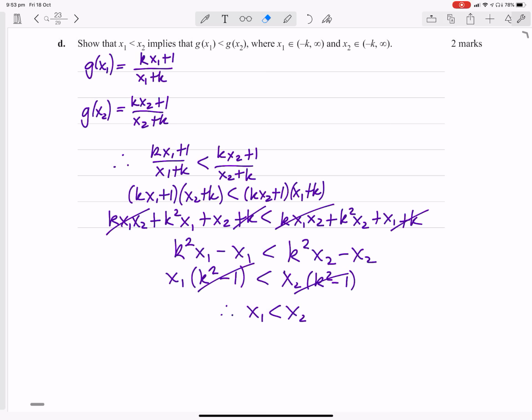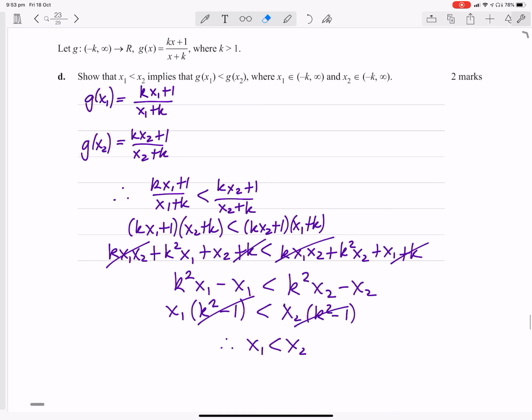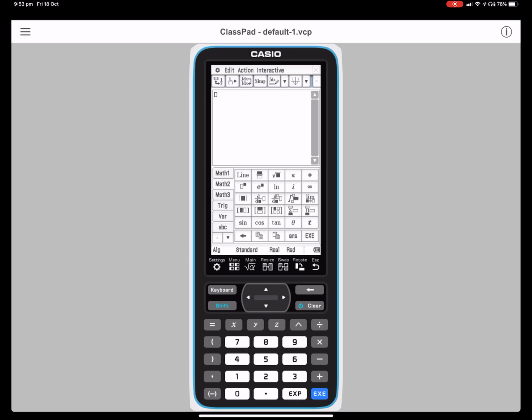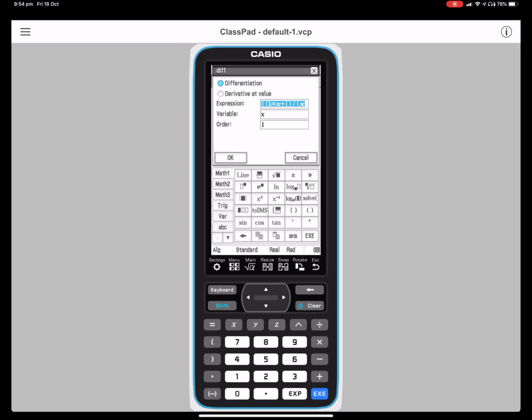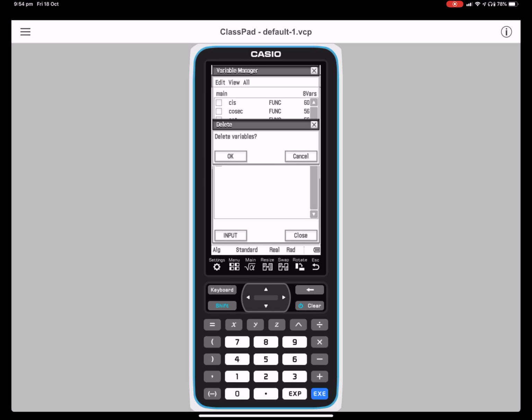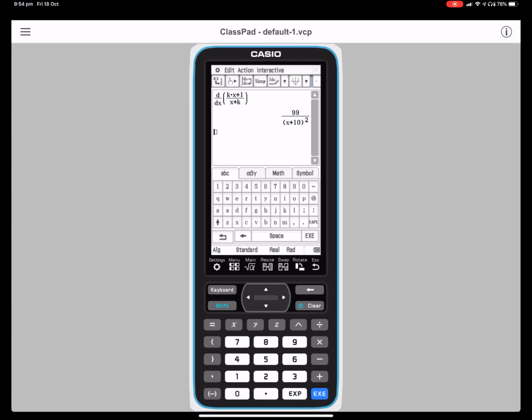The other thing you could do is show that it's always strictly increasing. So k x plus 1 on x plus k, differentiate.